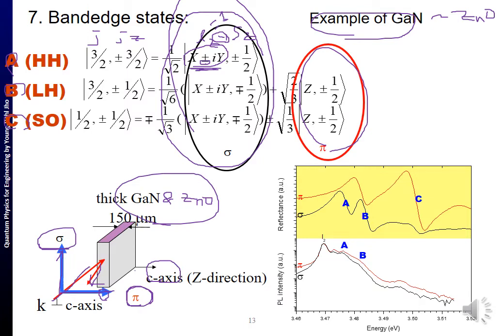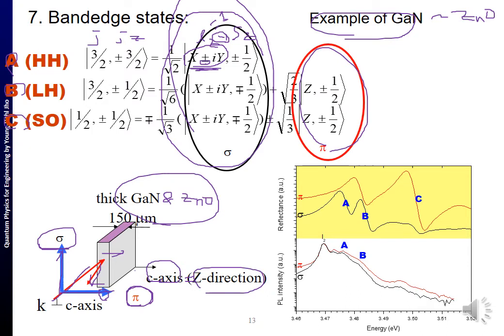When you excite pi polarization, the linear momentum is only aligned along the c-axis. The c-axis actually corresponds to the g-axis, because this is the symmetry axis. The symmetry axis is usually chosen as the g-axis. All of those terminologies and reasoning will be useful in your future research work. Anyway, the c-axis is chosen as the g-axis.